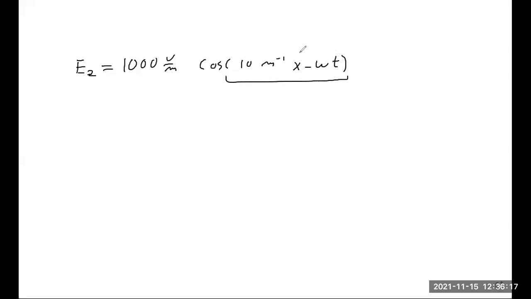If t and x increase at the same rate, the part that would have been a peak will still be a peak. So if you have something that looks like this, later in time it'll just have moved in the x direction. So it's traveling in the x direction. The speed that it's traveling will just be the speed of light because it's in a vacuum.